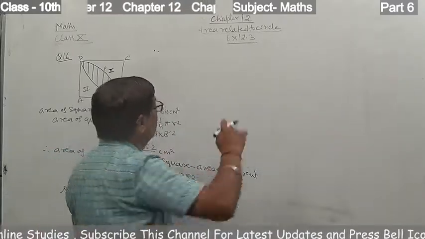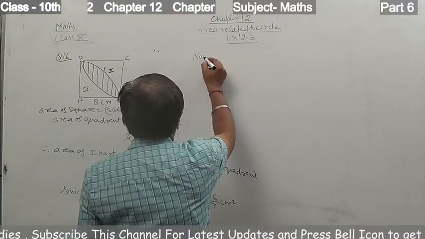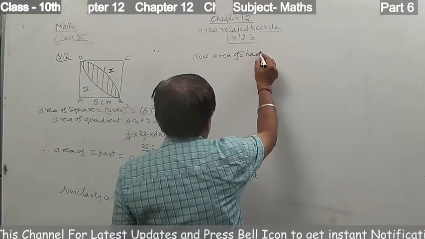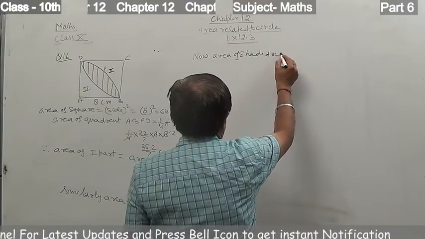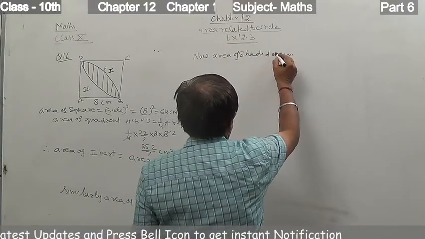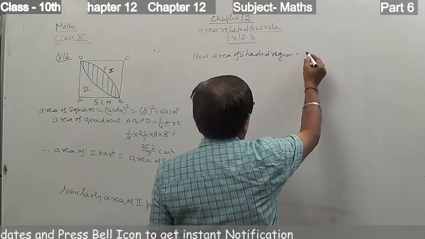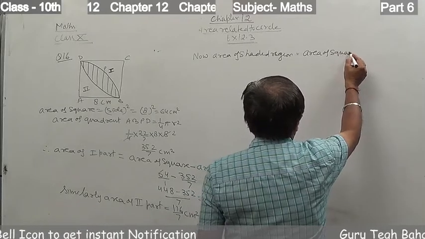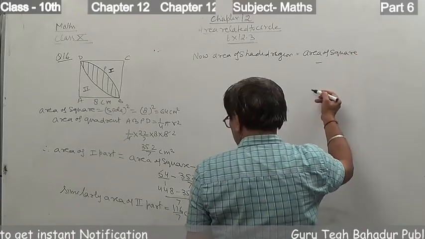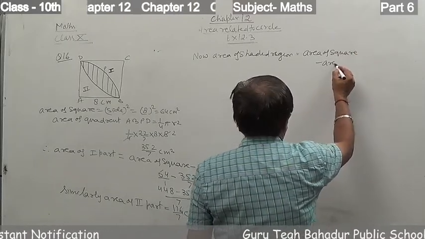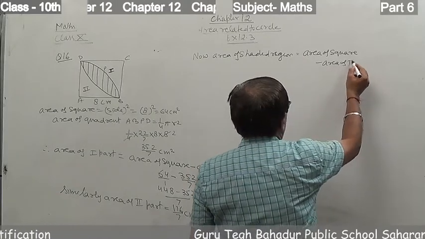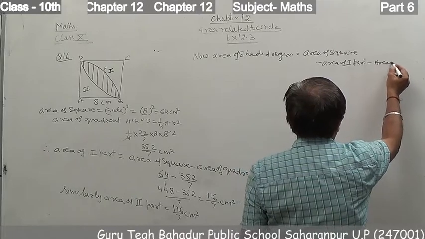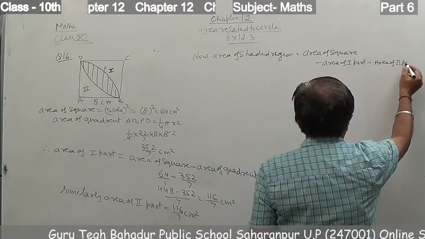Now, area of shaded region is equal to area of square minus area of first part and minus area of second part.